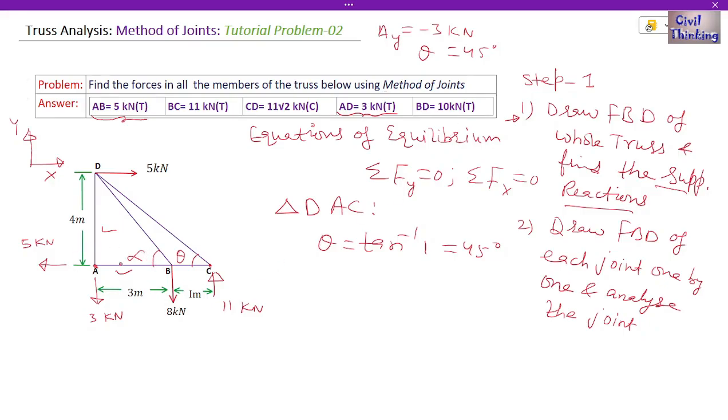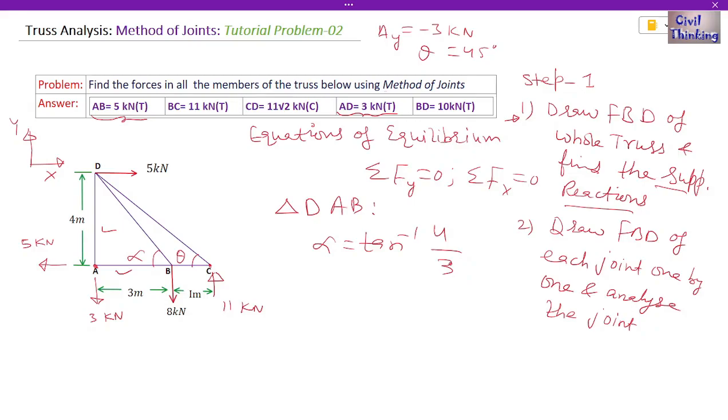Now we have to find this alpha, so we will analyze DAB, right? So in DAB, alpha is going to be tan inverse of, perpendicular is 4 meter, and the base is 3 meters, okay? So let me use the calculator to find the value of alpha here.